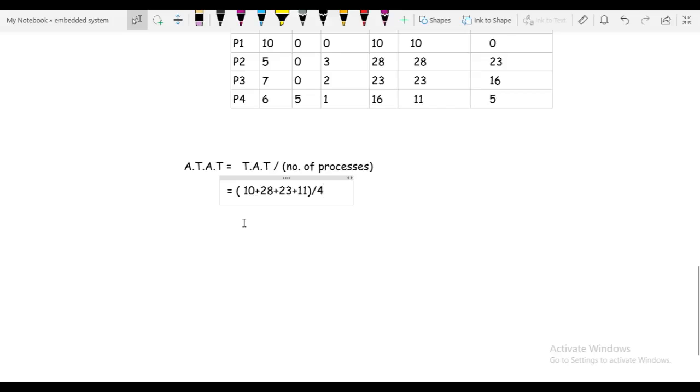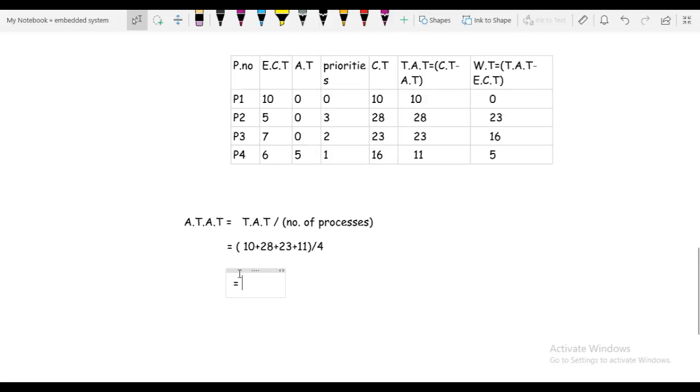These are the turnaround times. So we have 72 by 4, and the answer is 18 milliseconds.